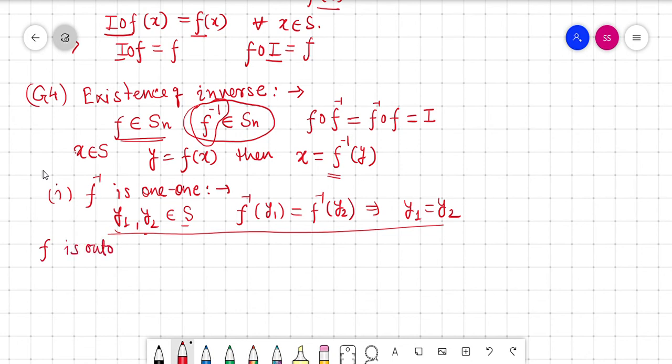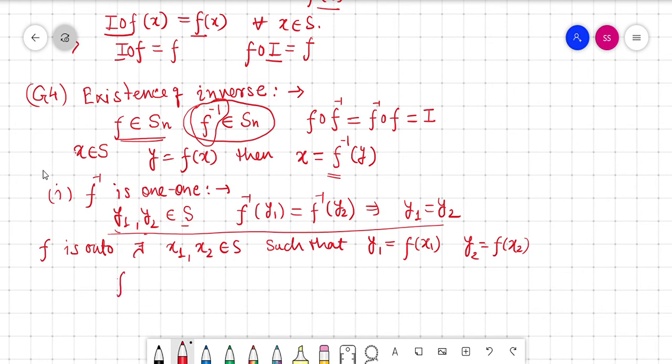So there exist two elements x1 and x2 in S such that y1 is equal to f of x1 and y2 is equal to f of x2. We can write this because f is onto.